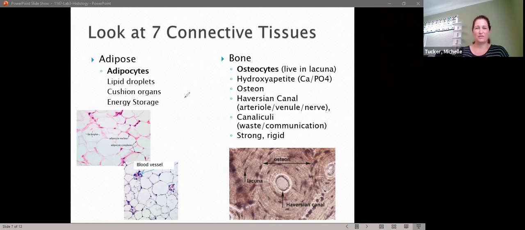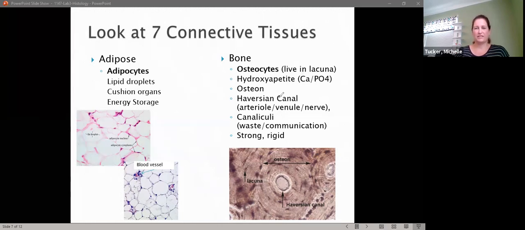They are both storage tissues. Adipose will be used for energy storage, and bone for calcium phosphate storage. Bone will also be used structurally, of course, in the skeletal system. But adipose tissue is used for storing lipid droplets.